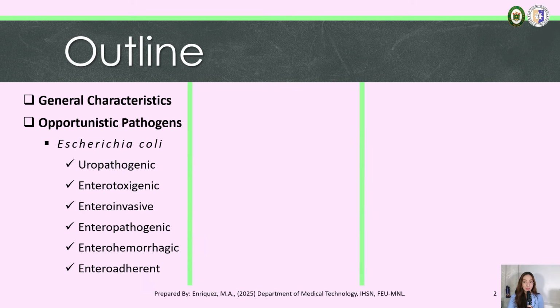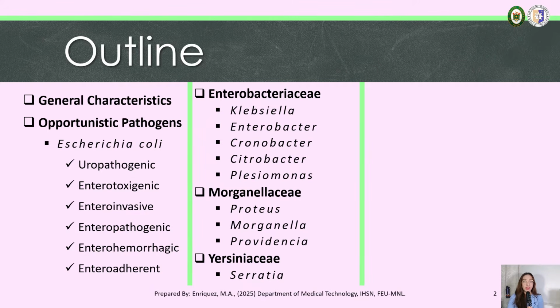Here is the outline of our discussion. As usual, we'll start off with the general characteristics applicable to every member of Enterobacterales, and then we'll go on to discuss the opportunistic Enterobacteriaceae species. We'll be looking further into the different strains of Escherichia coli before moving forward to the other clinically significant opportunistic species, as we can see right here on this second column.